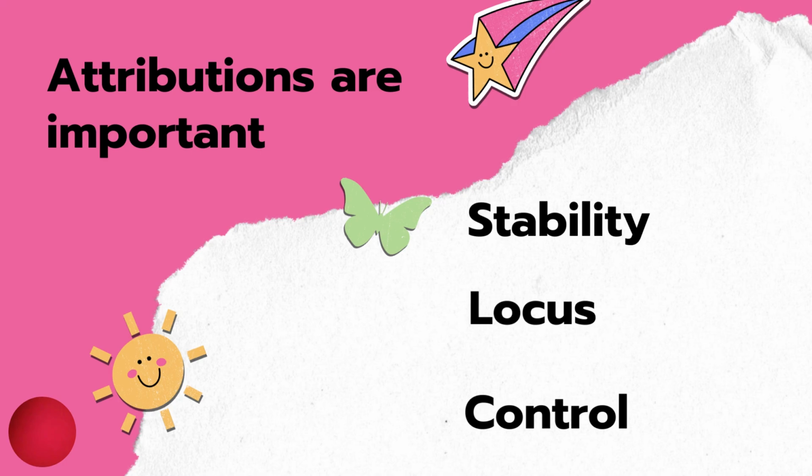So if students attribute failure to a stable, internal, uncontrollable cause, for example, if they said, I failed because I'm just dumb in math, well, then they're going to be less likely to be motivated to do better in the future.